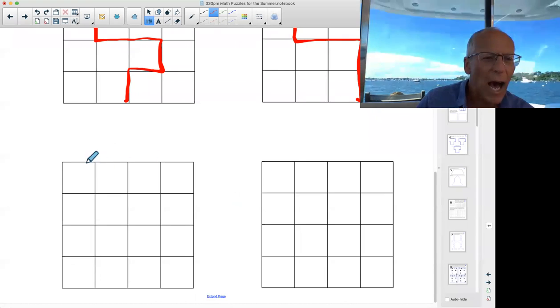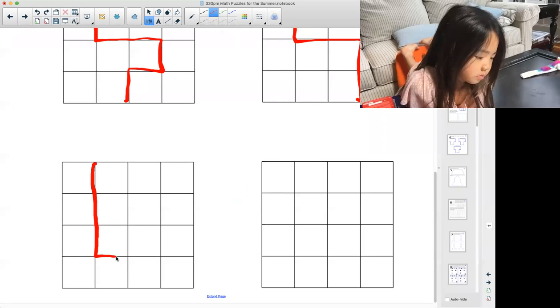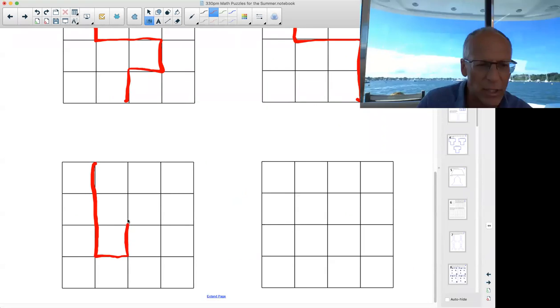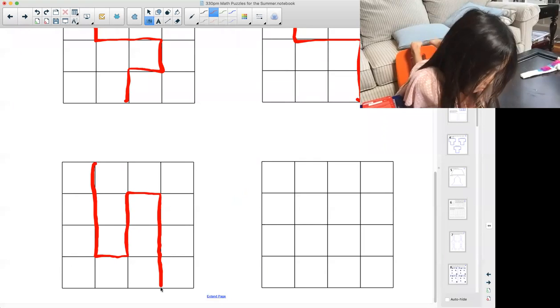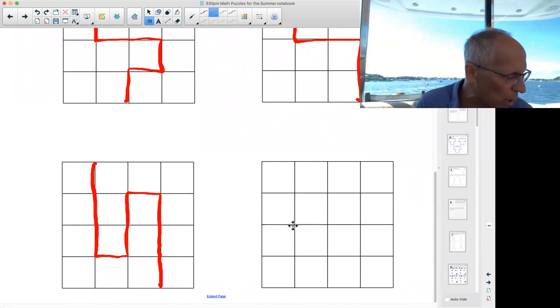Now, guys, I came up with 2 other solutions that I want to show you. And I don't know if there are more solutions, but this one is also like that puzzle piece one we did before.